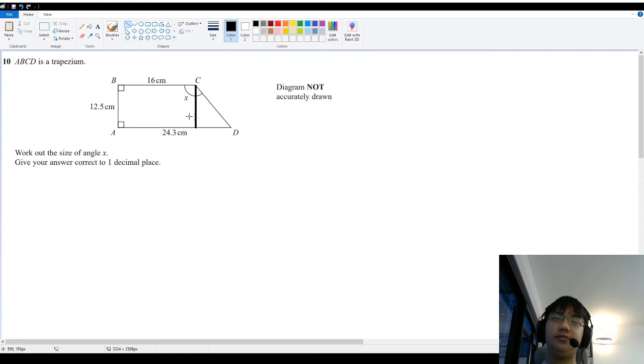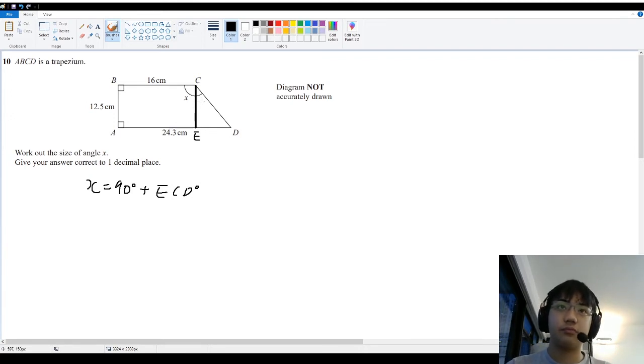So here you have your rectangle. So X equals 90 degrees plus this angle here. Let's label this point E. So X is 90 degrees plus ECD degrees.